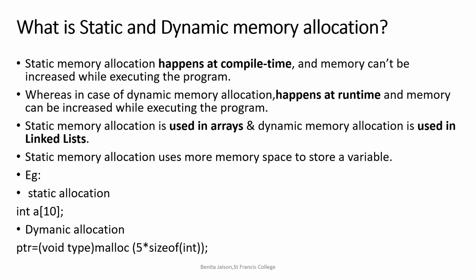We will be directly using dynamic memory allocation functions like malloc and calloc, and will indicate the size of the array, and it will return a pointer. So static memory allocation is used in arrays, and dynamic memory allocation is used in a linked list. Okay, so static memory allocation uses more space to store variables.